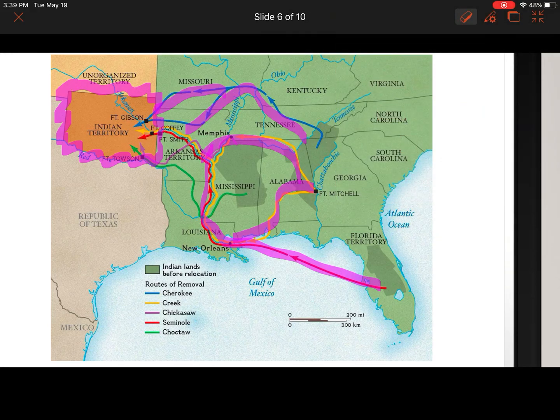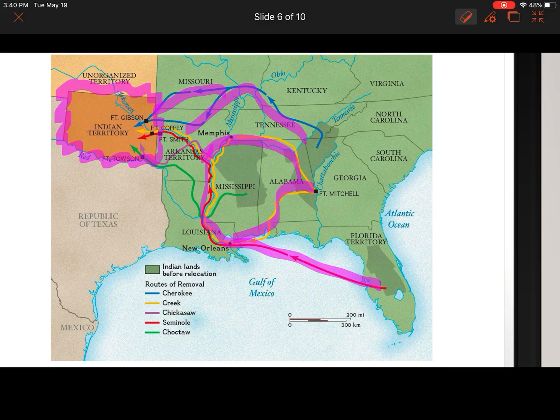And so a lot of the Native Americans that were on these trails heading west, a lot of them didn't make it. One cool thing that students always ask me about, so I want to point it out now, not all Native American tribes traveled by land as they were moved out west. You can see on my map, the Seminole tribe leaving Florida traveled by boat. And they were brought into the port of New Orleans, and then they traveled up the Mississippi River to the Oklahoma Territory. But, in summary, Andrew Jackson's support of this law was very controversial, and he didn't care.